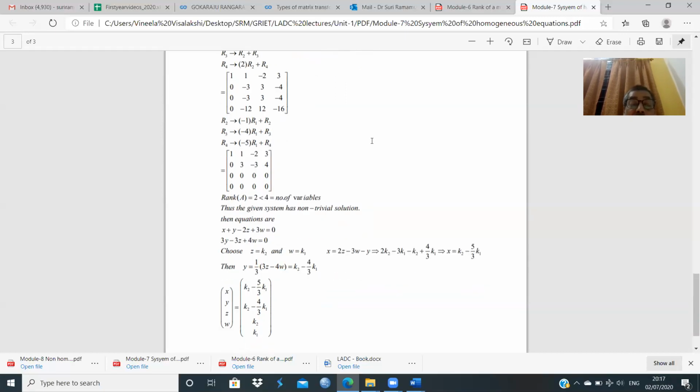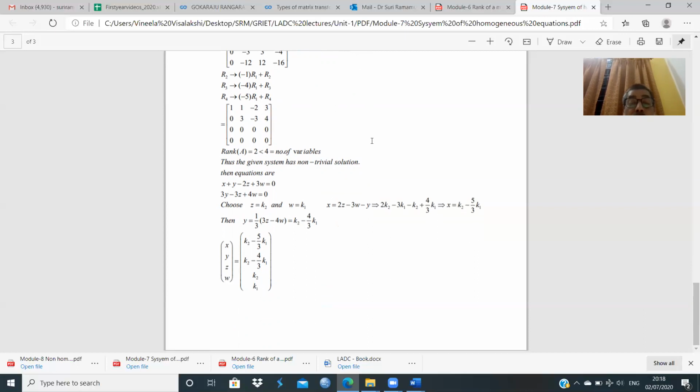So you will find that the solution vector x, y, z, and w has been expressed in terms of the free variables k1 and k2. And because k1 and k2 can be freely chosen from the set of real numbers, we can conclude that this is a solution vector representing not just one, but infinitely many solutions.